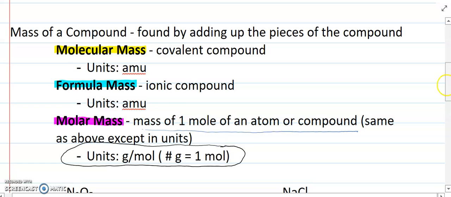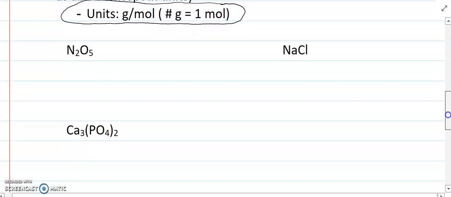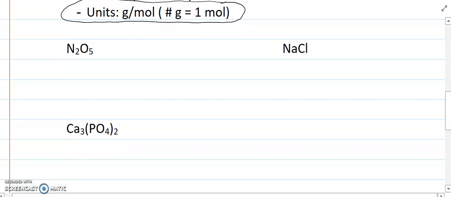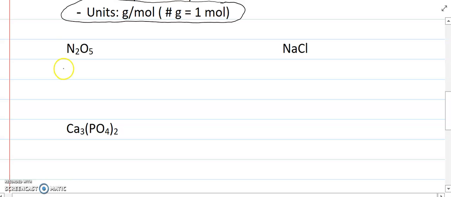So let's take a look at the process of finding the molar mass. And again, you're going to need a calculator and you're going to need a periodic table. So when I take a look at a chemical formula, I'm going to see 2 little subscripts in this formula. And those subscripts tell me the number of each atom in that formula. So when I see that it is N2, it means that for nitrogen, I have 2 pieces of nitrogen.